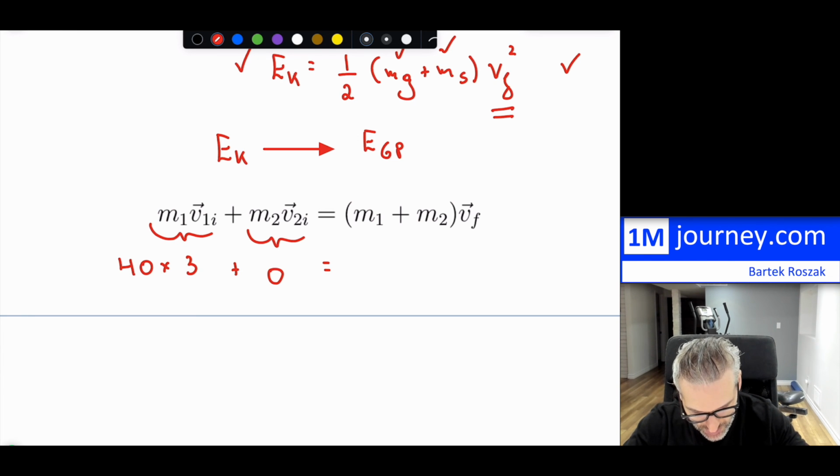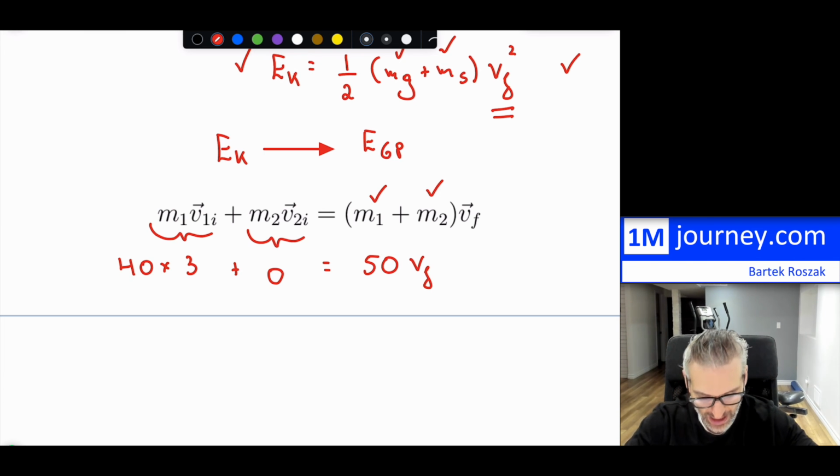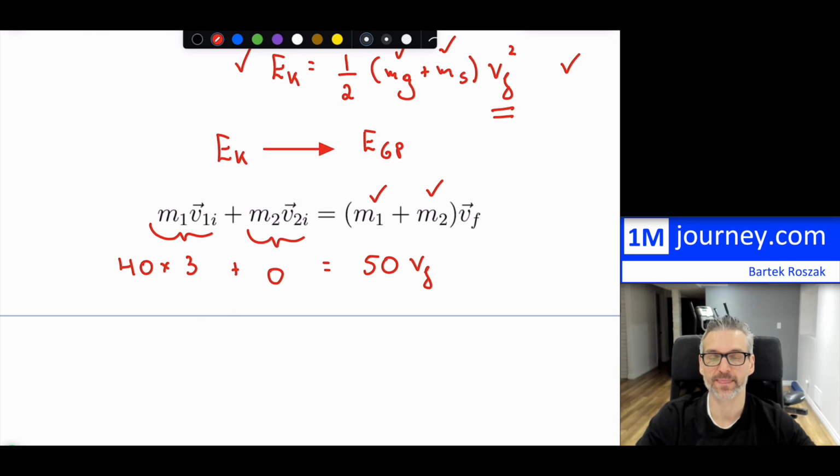And now notice, so mass 1 plus mass 2, so mass of the girl plus mass of the swing, so 40 plus 10, which is 50. And that's a pretty easy equation now to be able to check. Now again, I'm just dropping the vector symbol because we know that it's going to just move in one direction.